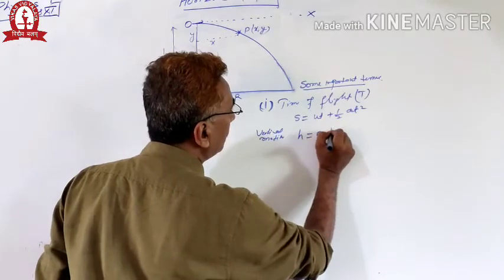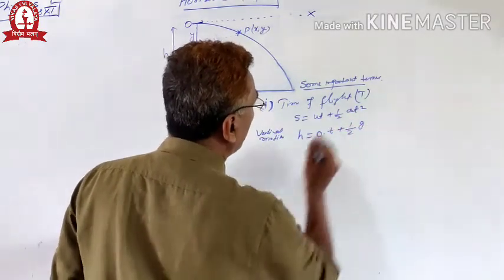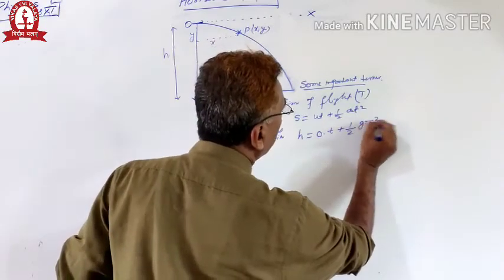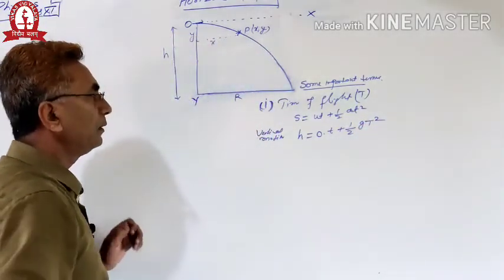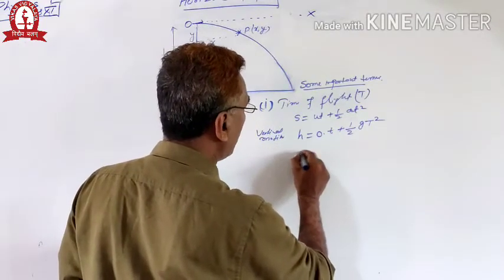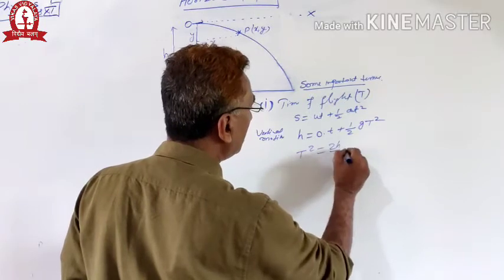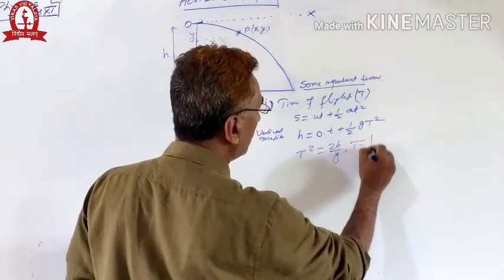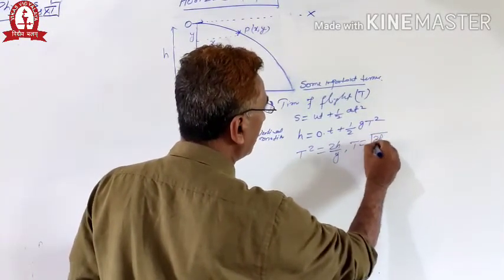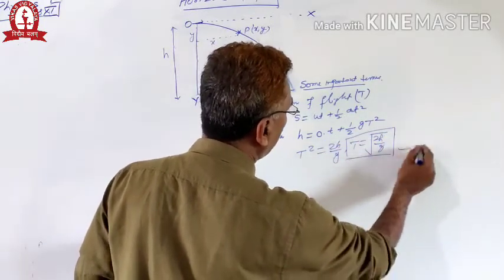So 0 multiplied by t plus half, for a we have g, and for t we will give capital T. Now t square will be equal to 2h upon g. Ultimately t will be equal to under root 2h upon g. This is the expression for time of flight.